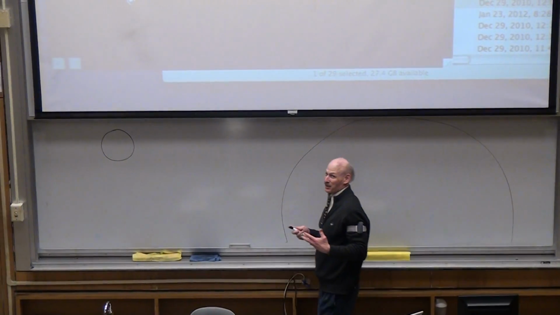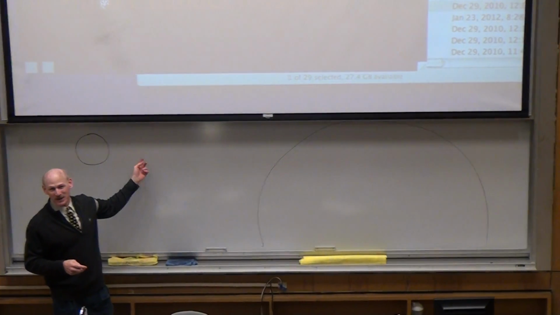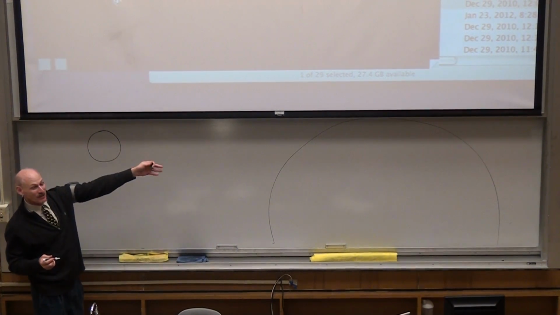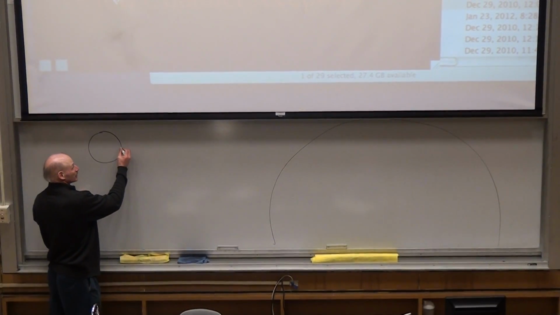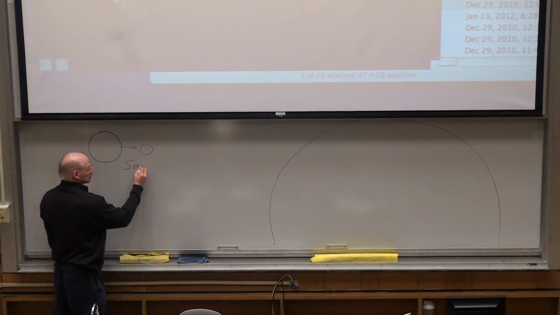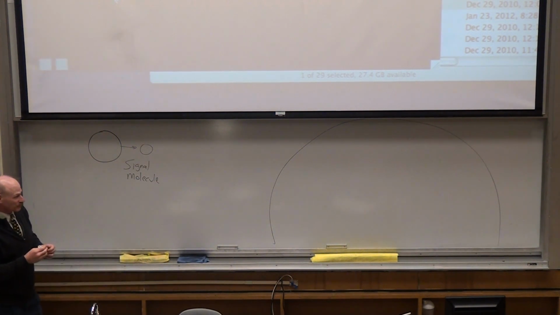The cell that wants to communicate releases a molecule called a signal molecule, and that molecule will travel to the cell that's going to receive the signal.